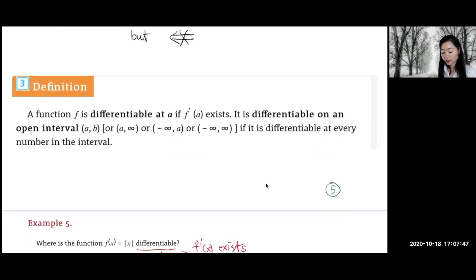So, definition: a function f is differentiable at a if f prime of a exists. It is differentiable on an open interval a to b, or any one of these, if it is differentiable at every number in the interval.